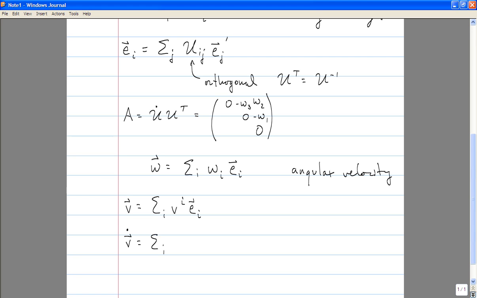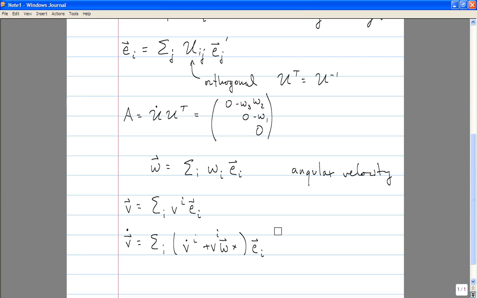There's the first term, which comes from taking the derivative of the components of that vector in our rotating coordinate system. And then there's a second term, which involves the fact that our coordinate system itself is rotating. And this second term is just given by v_i times omega cross e_i, where omega is the angular velocity vector.